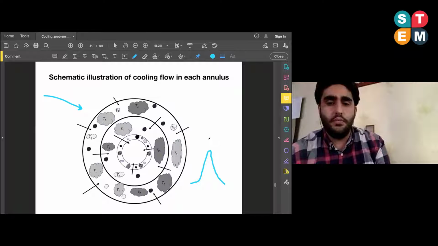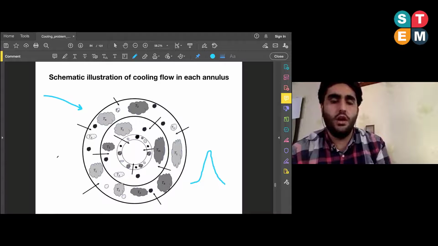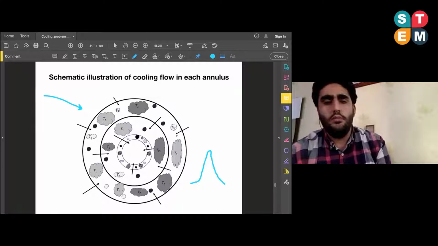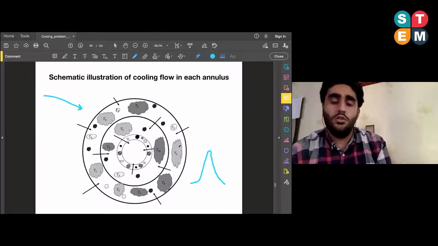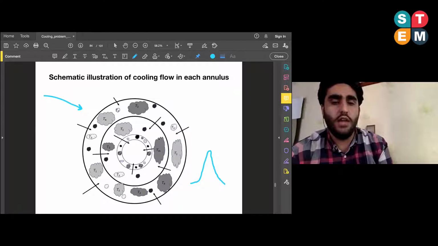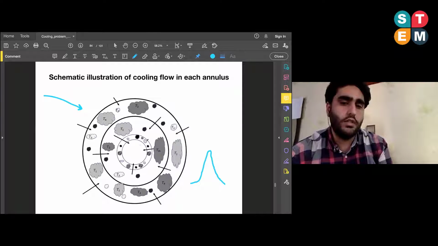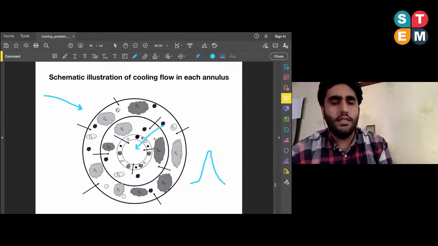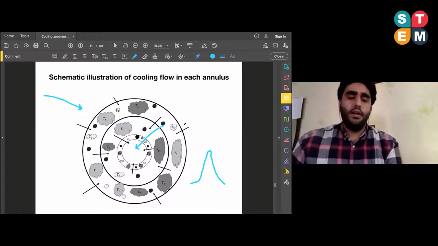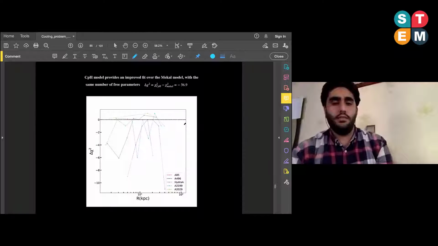And the peak of this distribution gives us T star. And those parts that are cooler than T star will cool down and they will move toward the center. And those that are hotter will heat up and separate from the plasma.